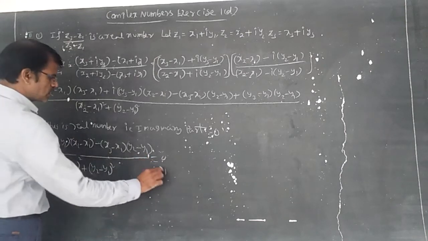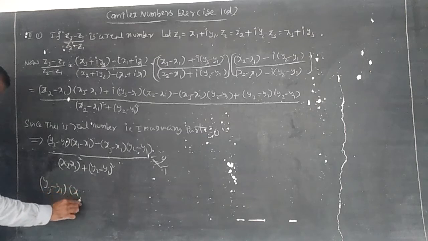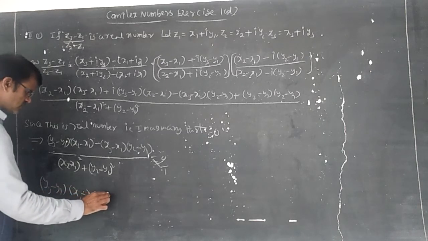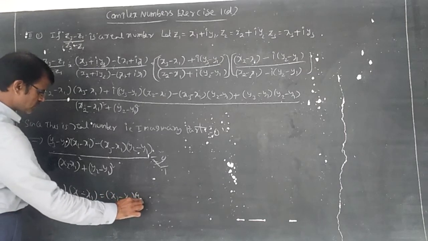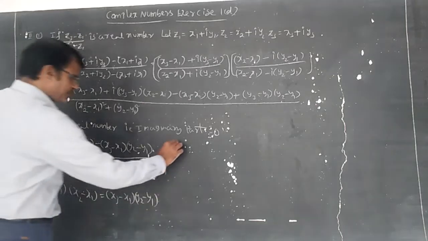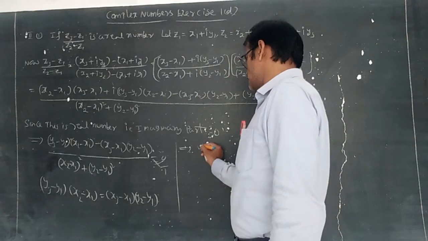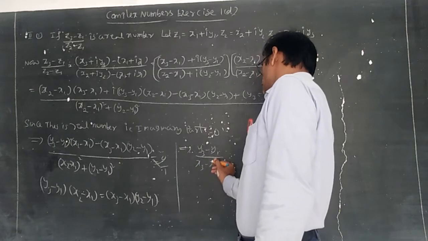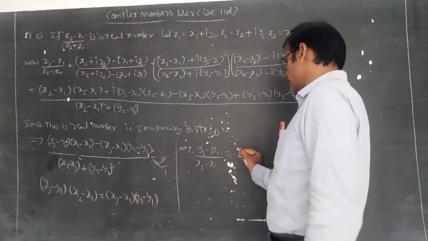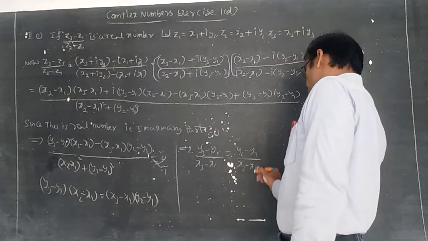So by cross multiplication we get (y3 minus y1) into (x2 minus x1) is equal to (x3 minus x1) into (y2 minus y1). That implies you can write here (y3 minus y1) by (x3 minus x1) is equal to (y2 minus y1) by (x2 minus x1).